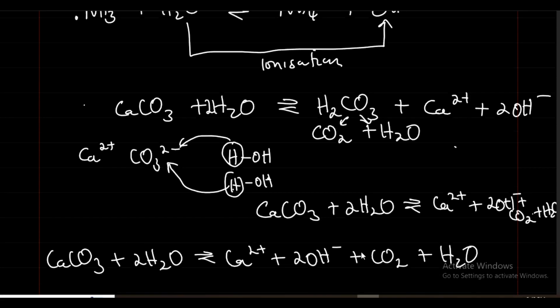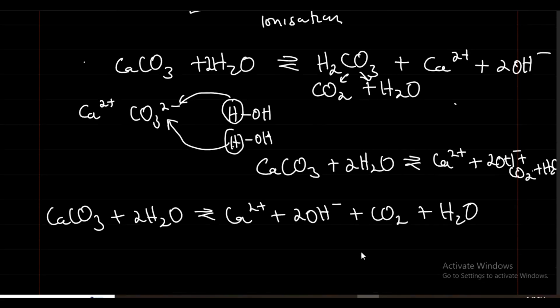But my point is, because here the calcium carbonate dissociated first, and then what happened to the water molecule? The water molecule changed from being a water molecule to form hydroxide ion. So there was dissociation and ionization.